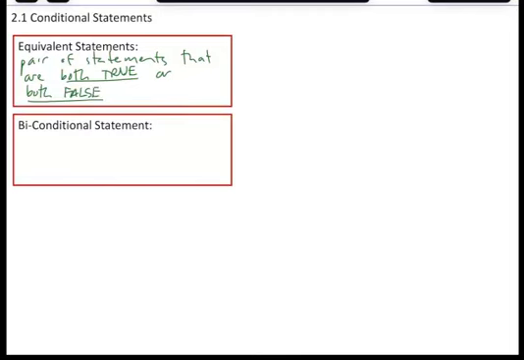Again, the validity of a statement is irrelevant to what it's called or how it's structured. But if you do have two different statements and they're either both true or both false, then they would be equivalent to each other.